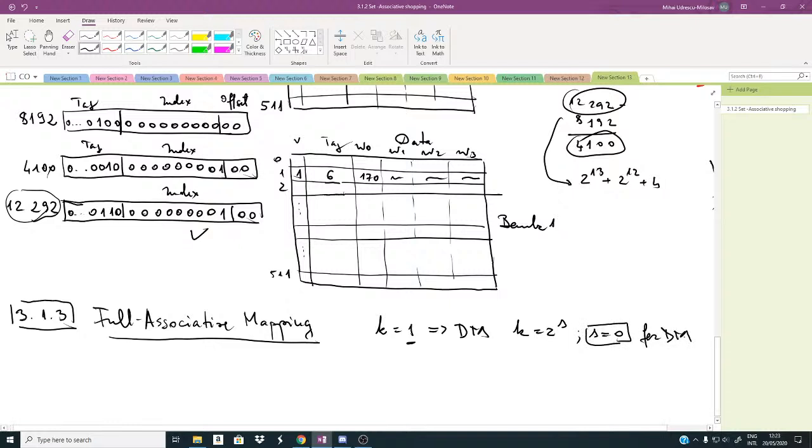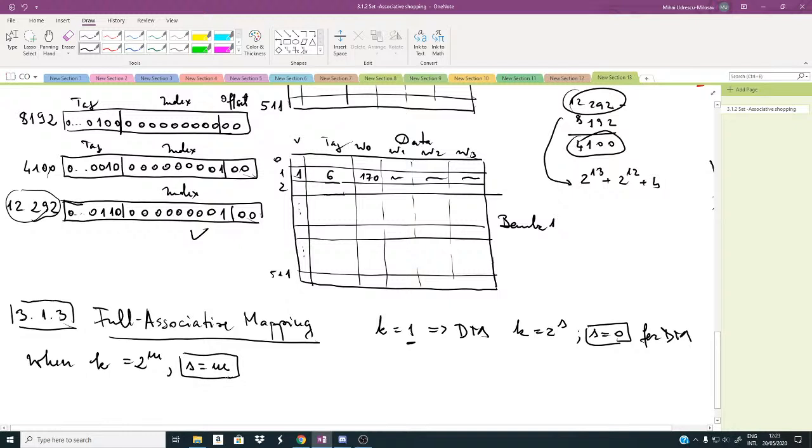Now, the next case is the other extreme case. It is the case where k is 2 to the power m, or in other words, s is m. Well, in this case, all the blocks in the cache are associated to the same index.